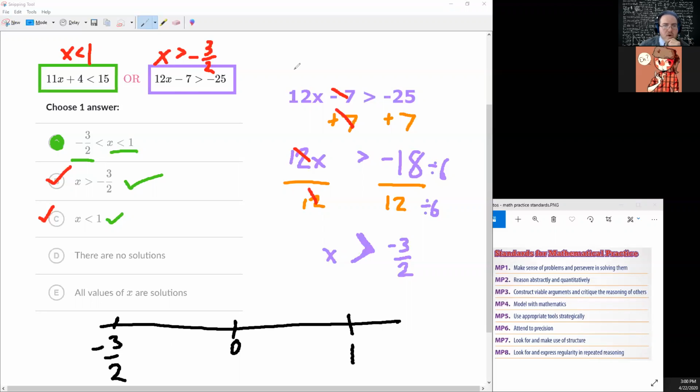Okay, so if we had to graph this, it's less than 1, so these are not equals to. So we open circle at 1, and we say it's bigger than -3/2. So basically, all this room in between is our answer. So yeah, I would say the answer is A for this one. And out of the 6 students that tried this one, nobody got it right.